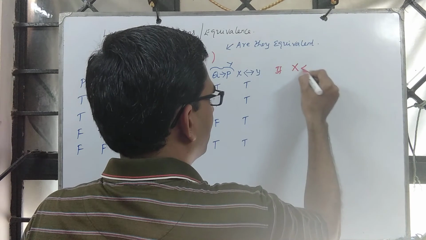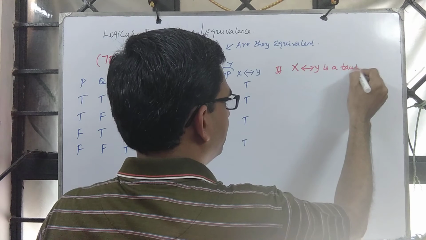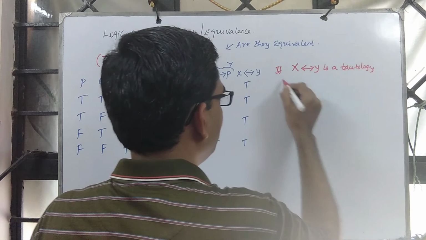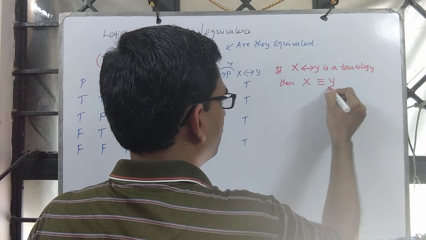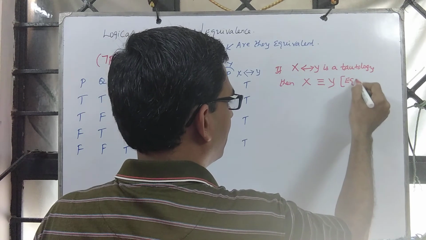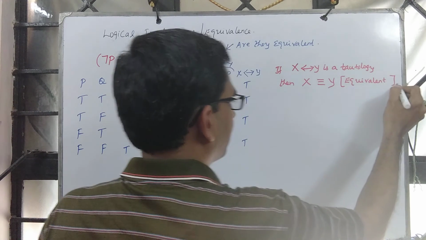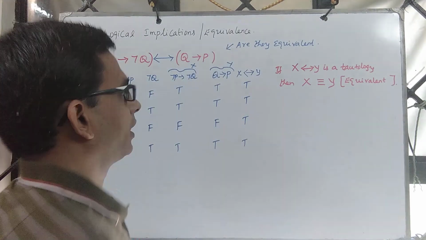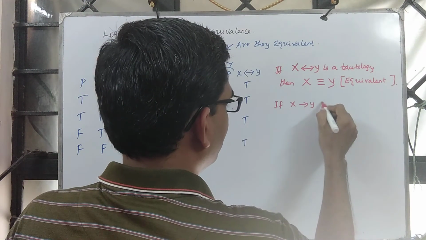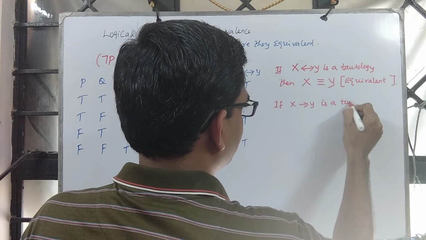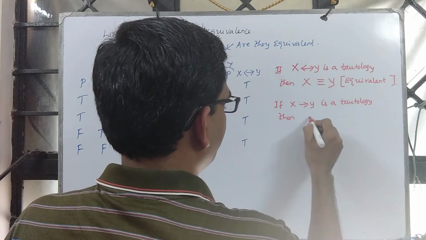So with this, you can conclude the following. If X biconditional Y is a tautology, then X is equivalent to Y. Logical equivalence. If X conditional Y is a tautology, then it is a logical implication.